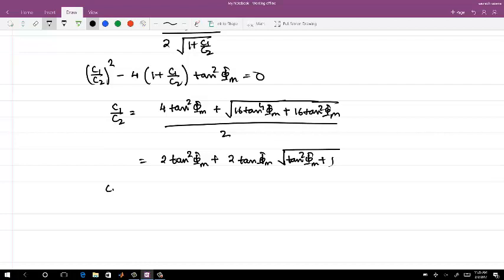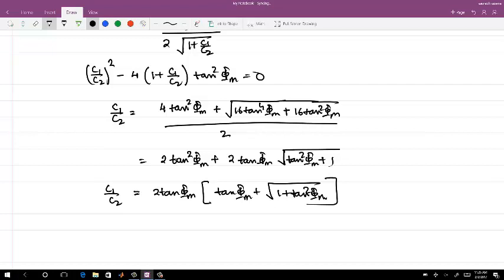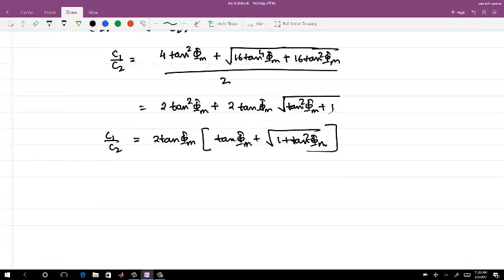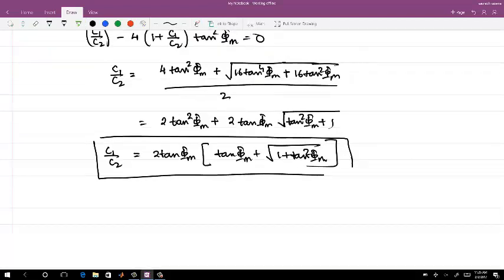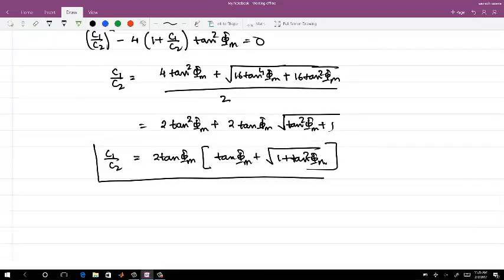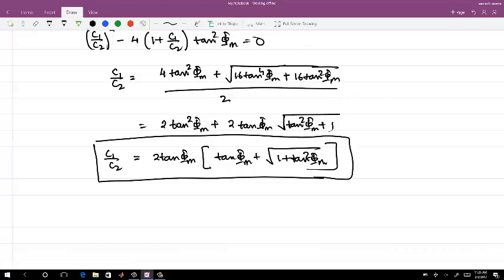So just writing it in more abbreviated form, this is tan of phi m by... Okay, so we got this result after putting the condition. Let me say what all things are present in this equation.